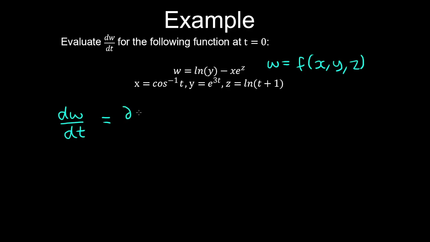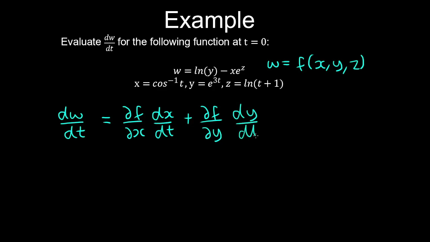So we can apply the chain rule and differentiate with respect to x and multiply by dx dt, plus the partial derivative of f with respect to y by dy dt, plus the partial with respect to z by dz dt.